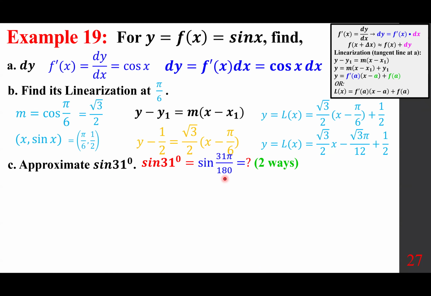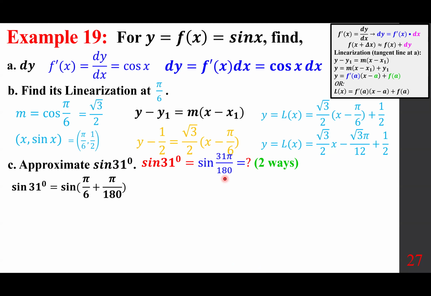I'm hoping nobody has any problem with that because 1 degree is pi over 180, by the way, right? So you want sine of 31 degrees, which is sine of pi over 6 plus pi over 180, that 31 pi over 180 that I mentioned.